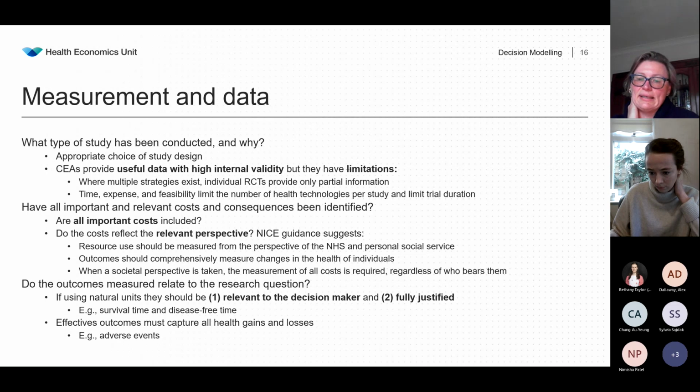For example, say you are conducting a randomized controlled trial investigating physiotherapy for back pain.